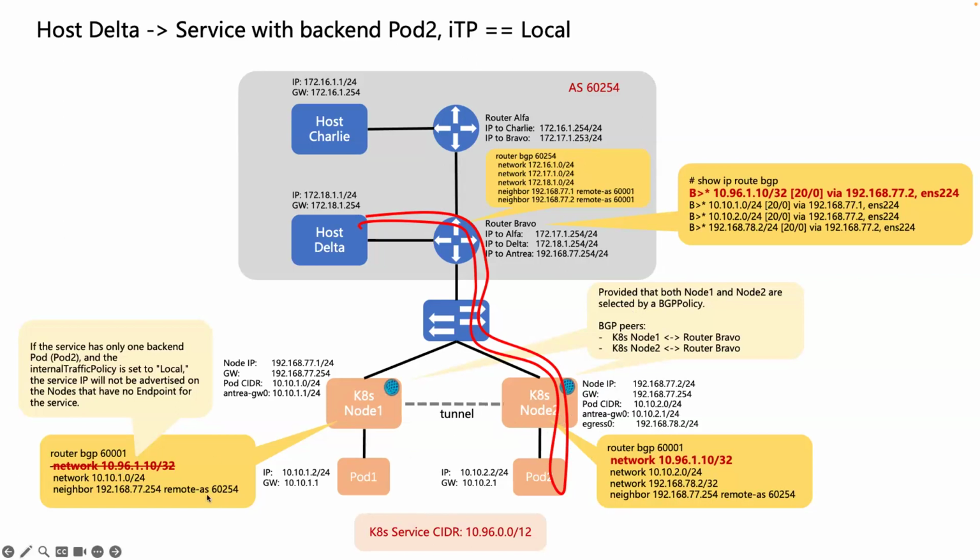Then in node 1, we don't want to advertise the service IP, since the internal traffic policy of the service is Local, so it won't be accessible from node 1.